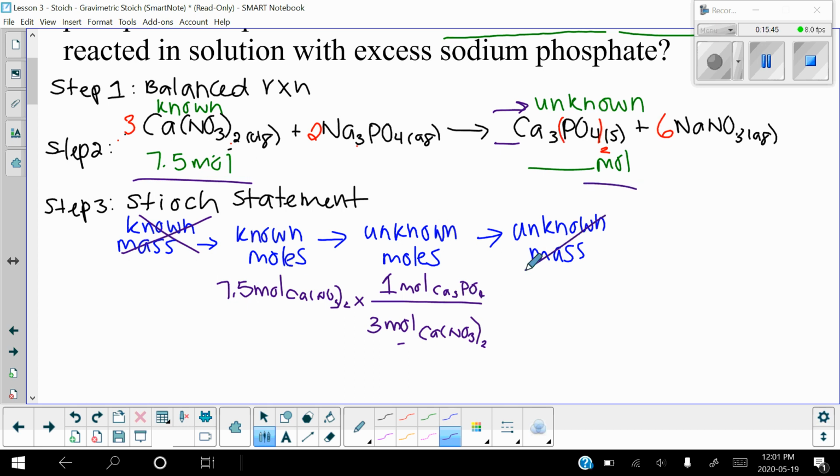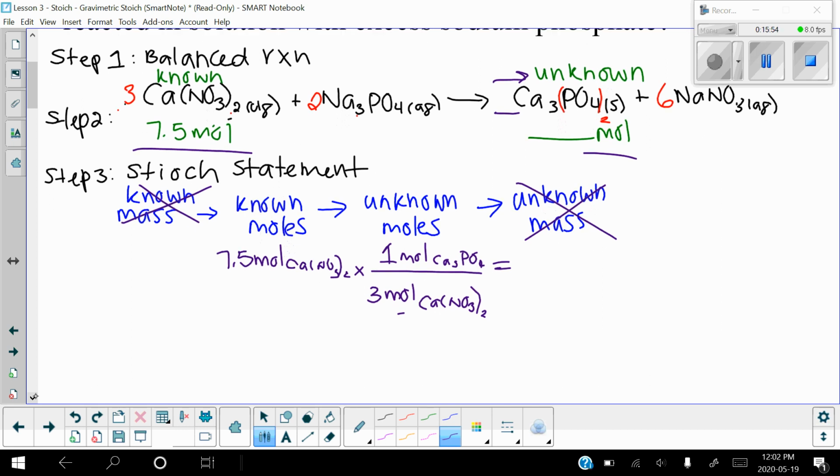So we can take this step out of our flow chart as well. We are not looking for mass, we are looking for moles. Now, let's do some cancellation. Moles cancels out with moles. Calcium nitrate cancels out with calcium nitrate, and we are left with moles of calcium phosphate.